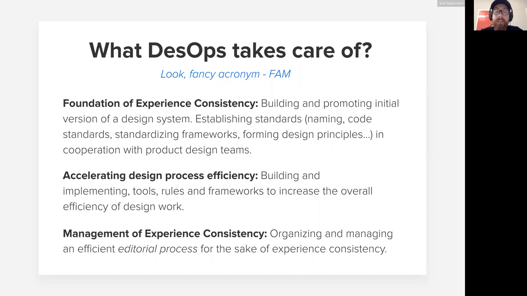And then finally, you have to manage experience consistency. Building a design system, promoting it, building tools for designers and developers, that's all fun. The biggest problem is, how do you manage this consistency over time? How do you make sure that new patterns coming into the system are actually built from building blocks from the design language that you define in the system?